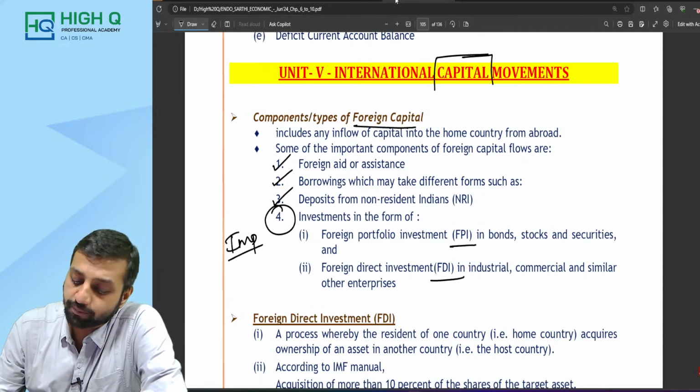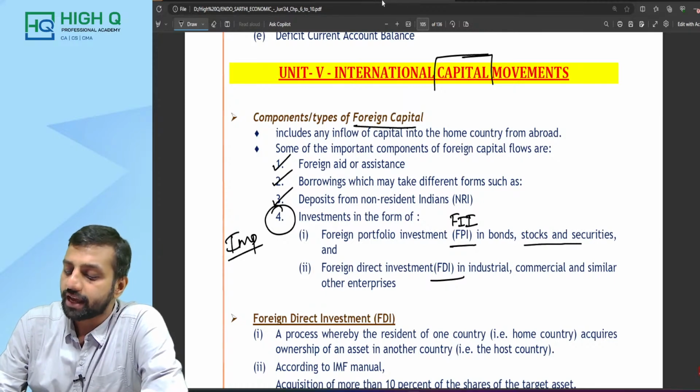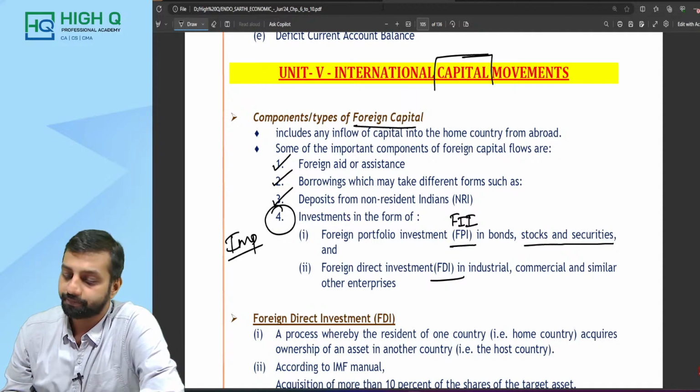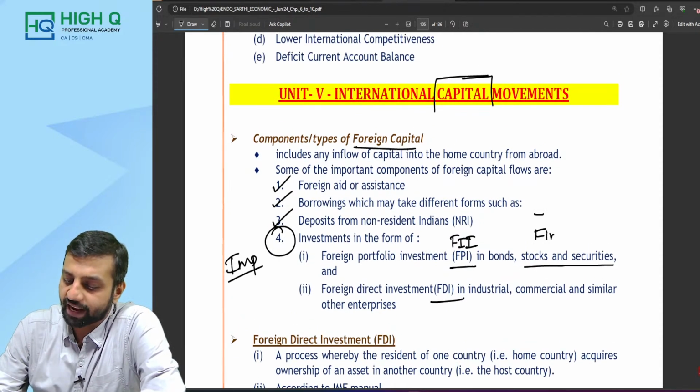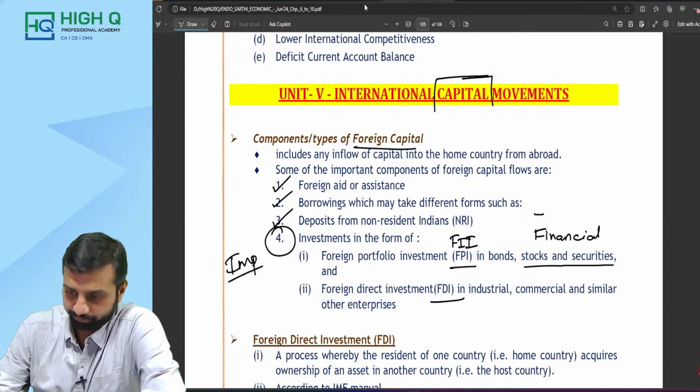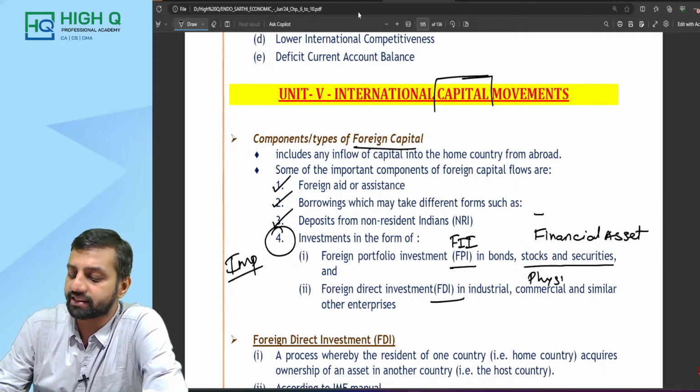Foreign portfolio investment, which is also foreign institutional investment, is in stocks and securities. That is a financial asset. Whereas foreign direct investment is in a physical asset.